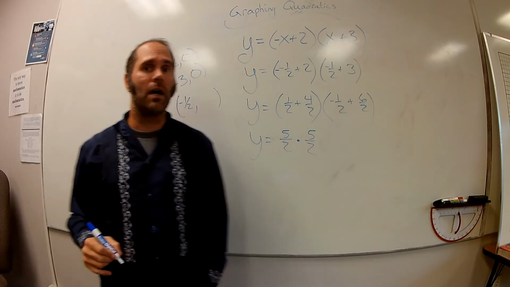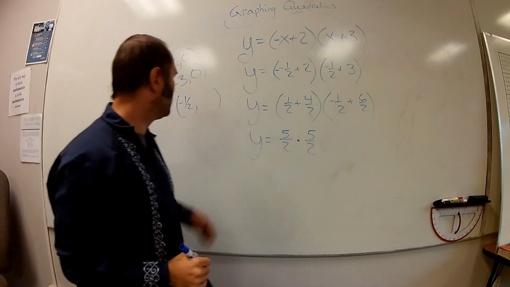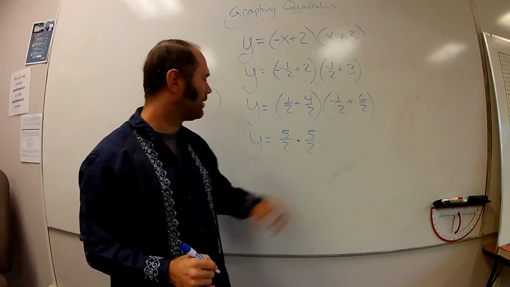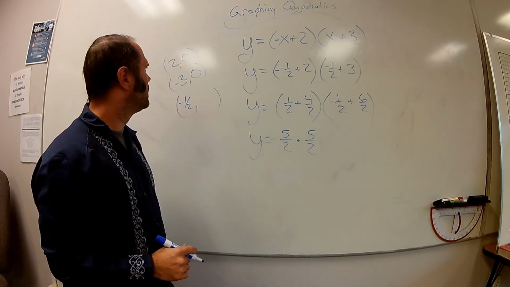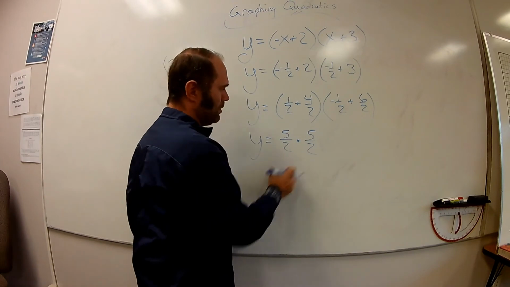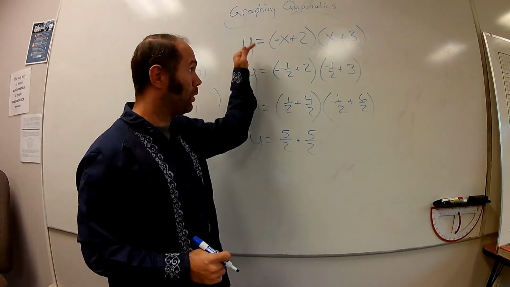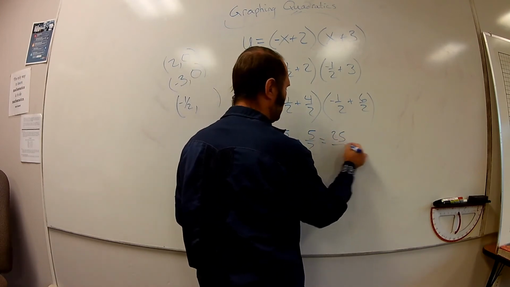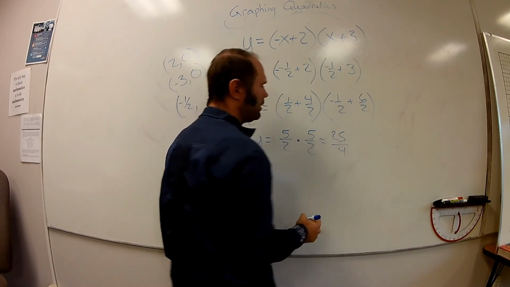This is really common when you plug in for the vertex. These two numbers are usually going to be the same number. So it's something to keep in mind, that that's pretty normal. If that doesn't happen, you may have a problem with your work. 5 times 5 is 25. 2 times 2 is 4. 25 fourths.